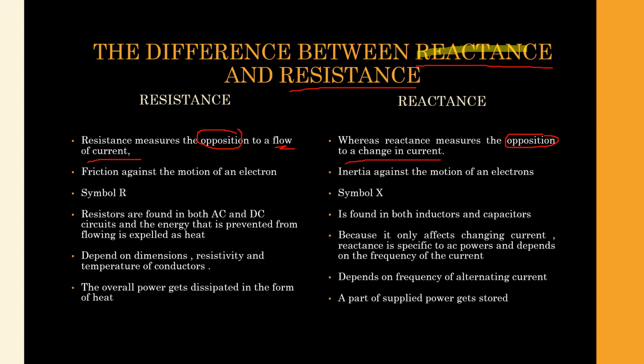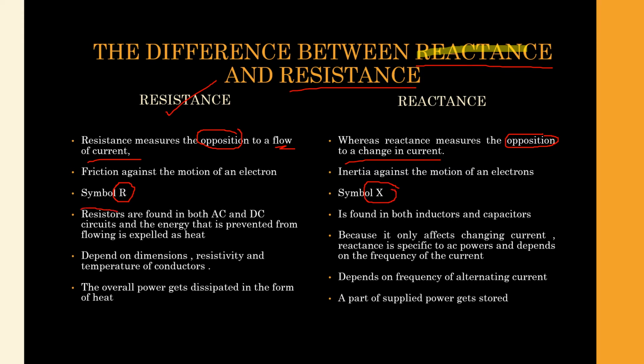In simpler words, friction against the motion of an electron is resistance. Reactance is inertia against the motion of an electron. The symbol for resistance is capital R. The symbol for reactance is capital X.